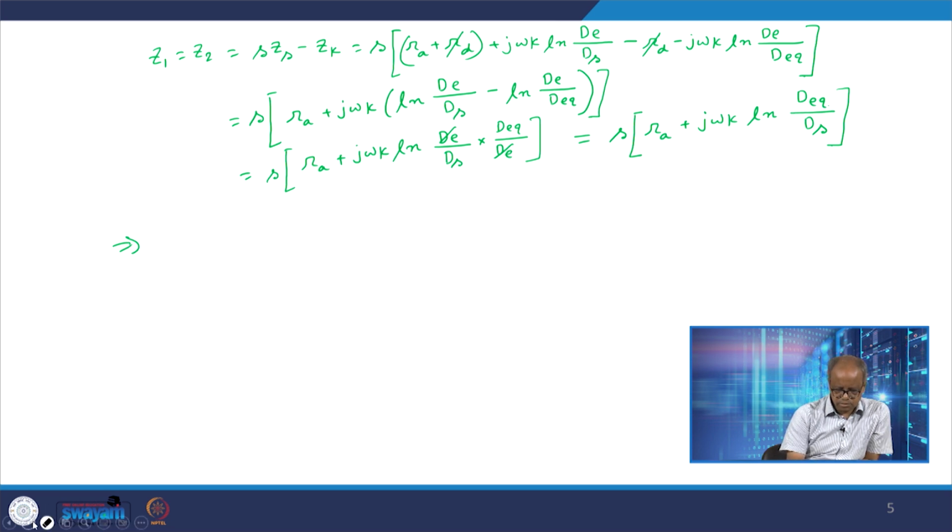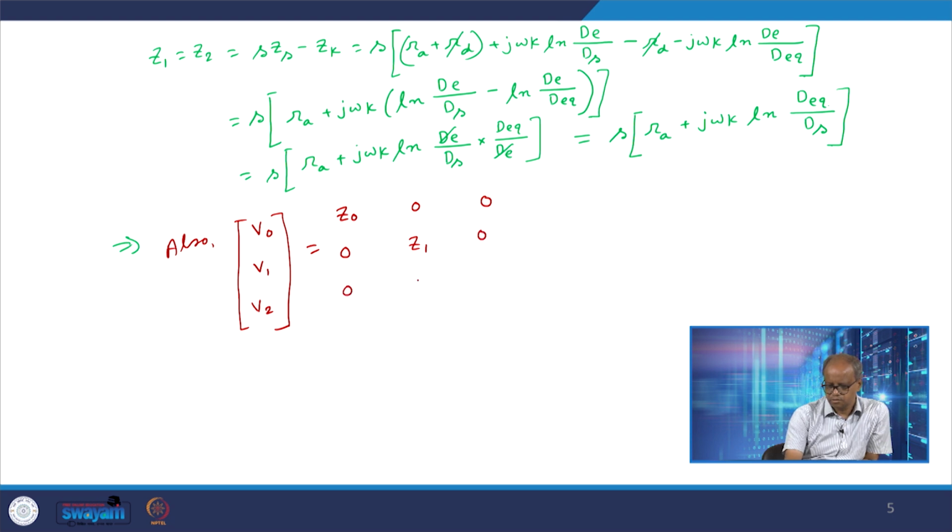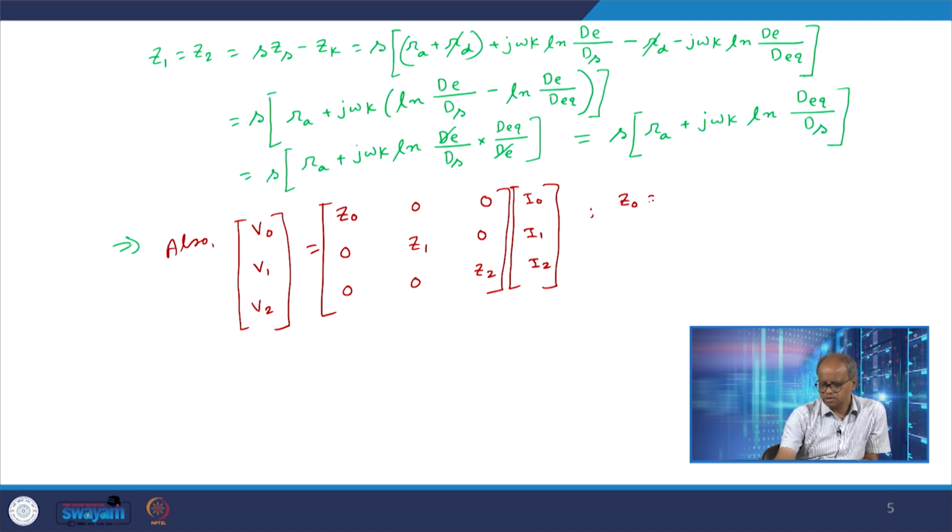Now from this network I can also write down that V0, V1, V2 is equal to the matrix Z0, 0, 0, 0, Z1, 0, 0, 0, Z2, times I0, I1, I2, where of course Z0 is Zs plus 2Zk, and Z1 is equal to Z2 is equal to Zs minus Zk.